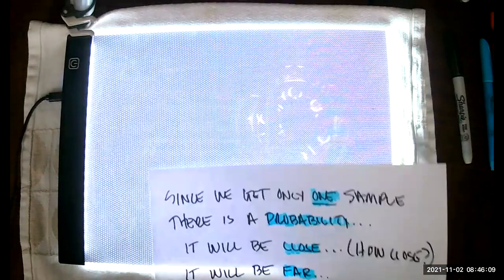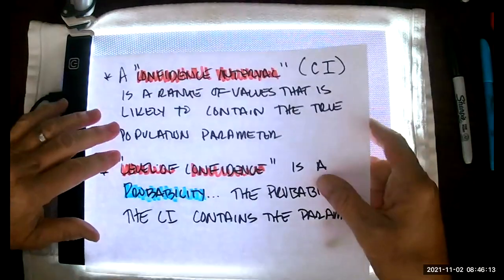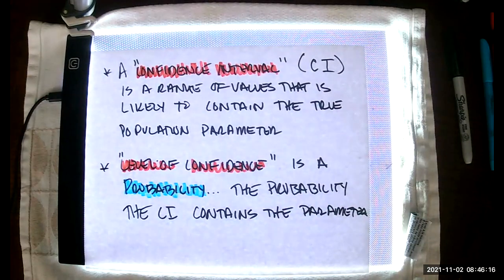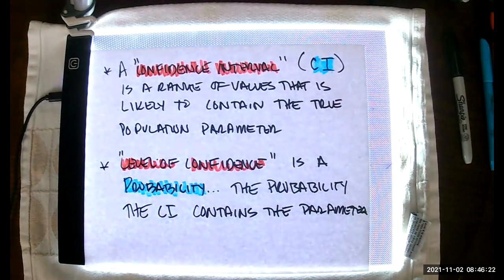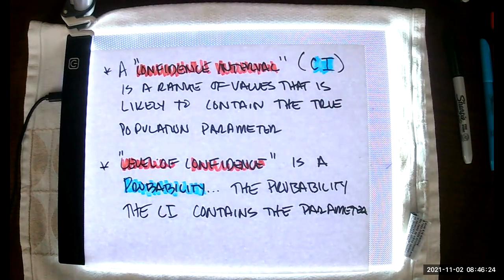And once I do, I can go ahead and construct what we call the confidence interval. That confidence interval, as I often abbreviate CI, is a range of values that is likely to contain the true population parameter. Likely to contain the true population parameter.